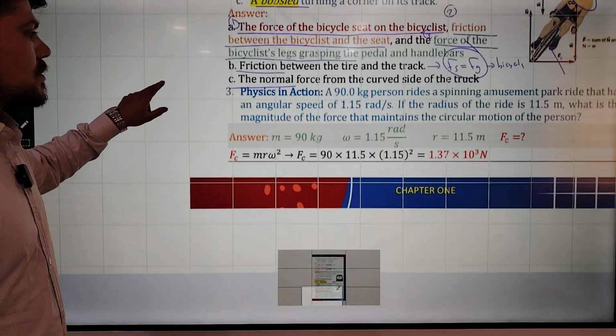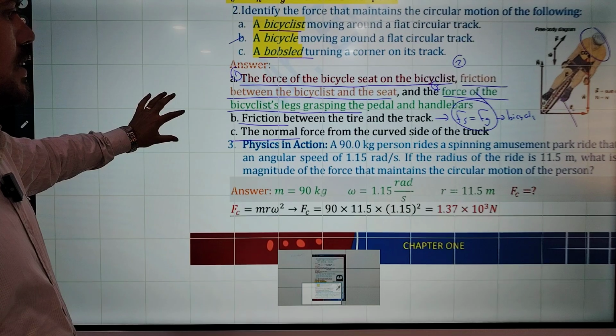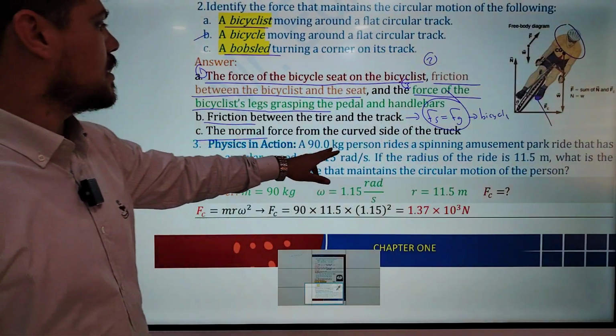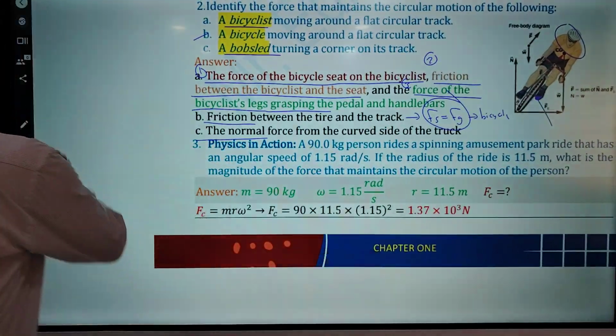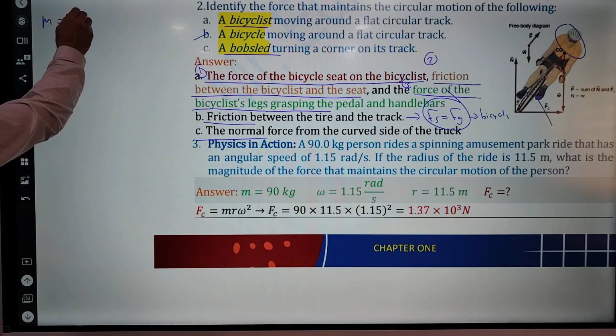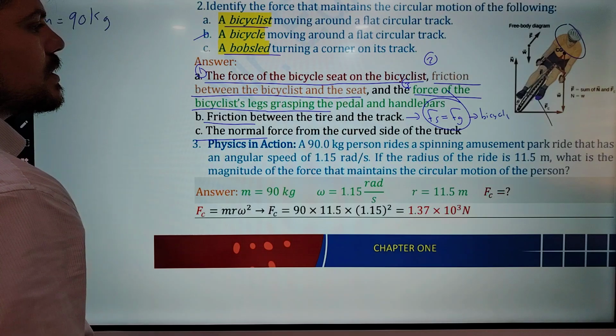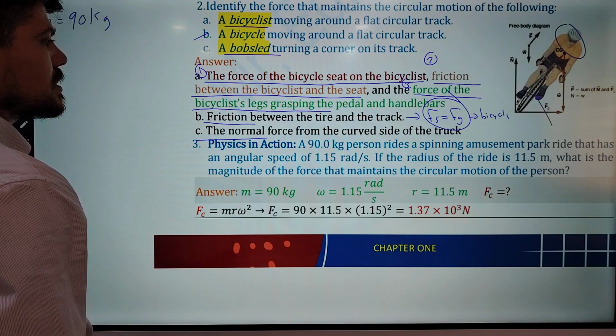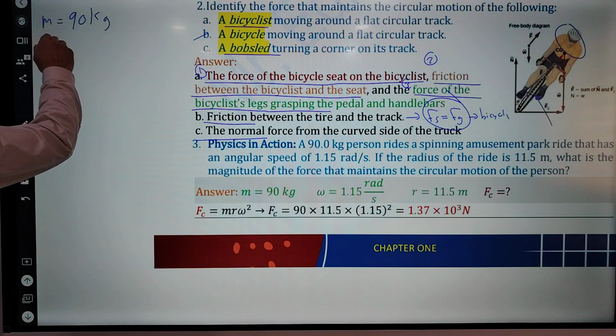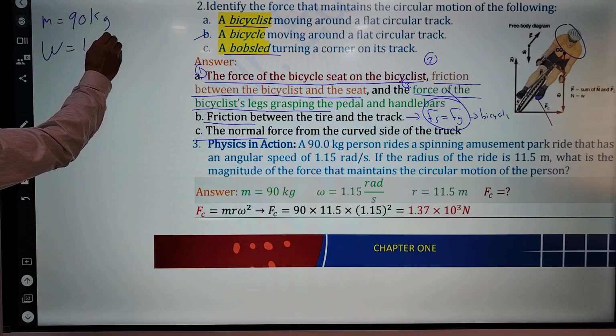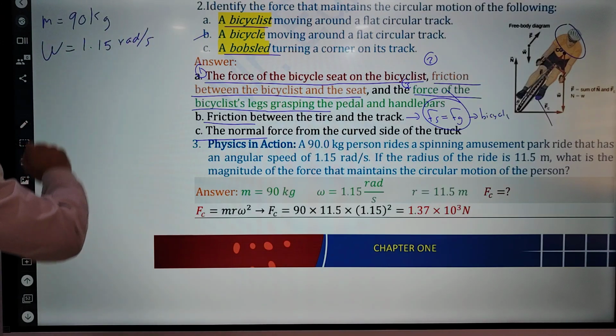Question 3. A 90 kilogram person. This is mass. 90 kilogram. Ride is a spinning amusement park ride that has an angular speed omega of 1.15 rad per second.